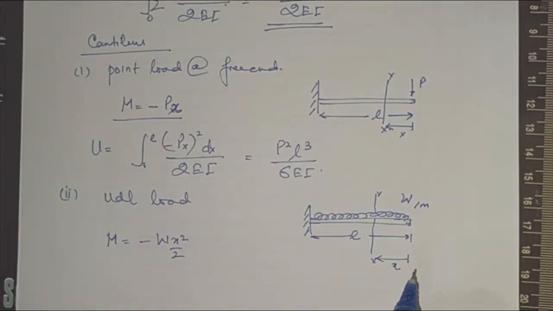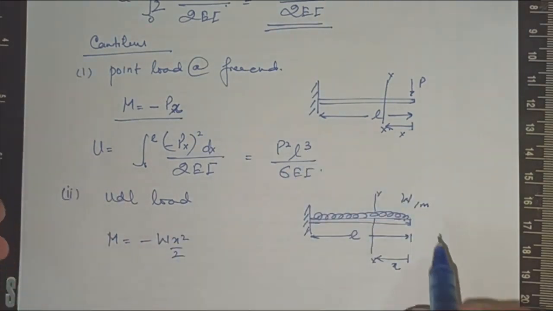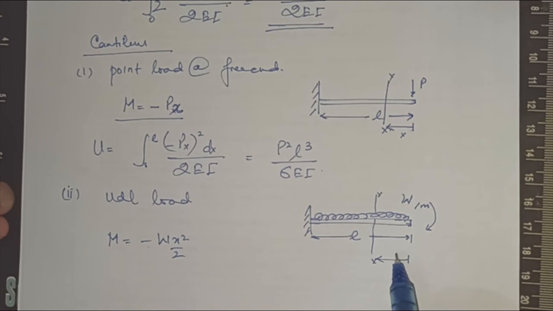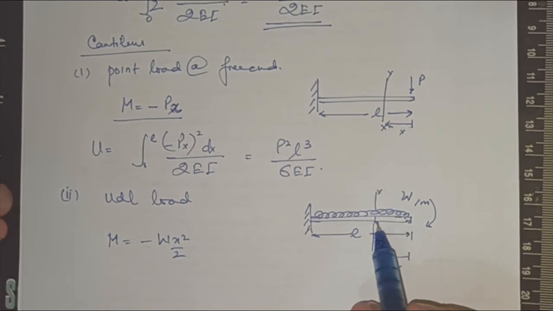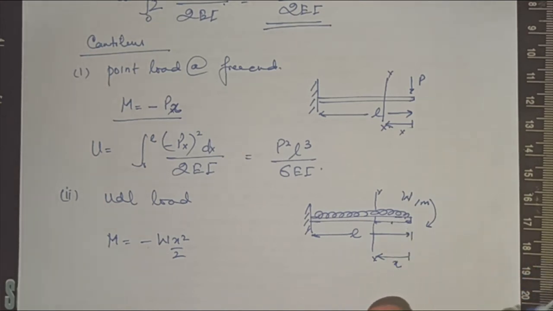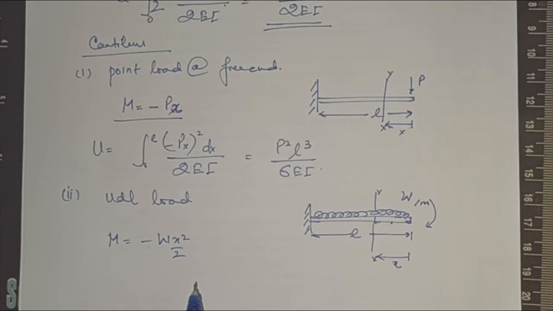Wx is minus because it is trying to rotate clockwise, and X by 2 because we used to take it at the center, making this load a point load. You have seen this in first year engineering mechanics. If you have not, then please go back and look at how the bending moments are obtained.